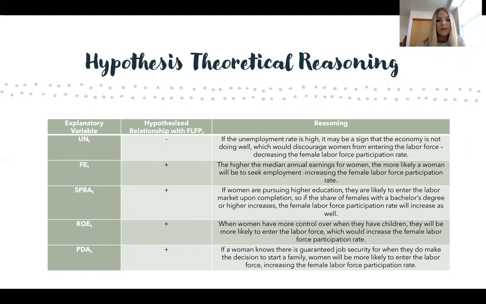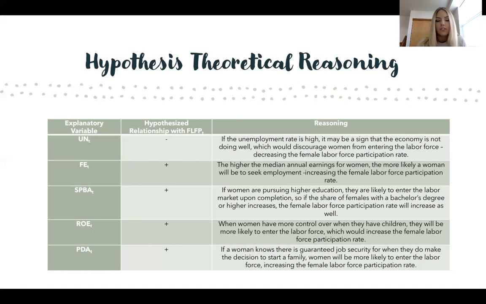Next, we have FE, female earnings, which is hypothesized to have a positive relationship with female labor force participation, just because the higher the median annual earnings for women, the more likely a woman will be to seek employment, which would increase the female labor force participation rate. Next, we have SPBA, which is hypothesized to have a positive relationship with female labor force participation. This is because if women are pursuing a higher education, they are likely to enter the labor market upon completion. So if the share of females with a bachelor's degree or higher increases, the female labor force participation rate will increase as well.